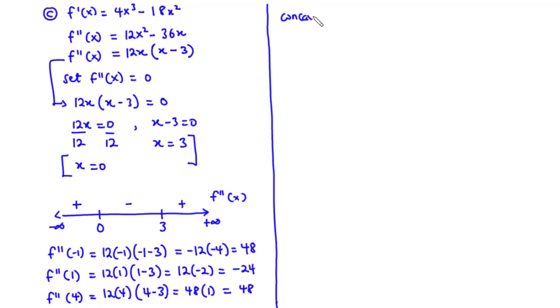And then for concave down, f prime prime of x should be less than 0. From this interval, you realize that the function is concave down, that is, we have a negative value. So the function is concave down over the interval 0, 3.